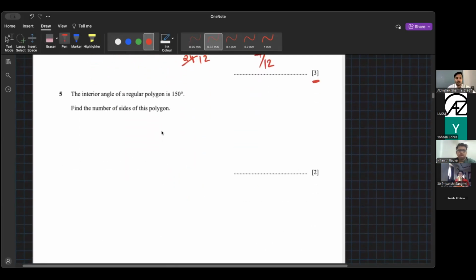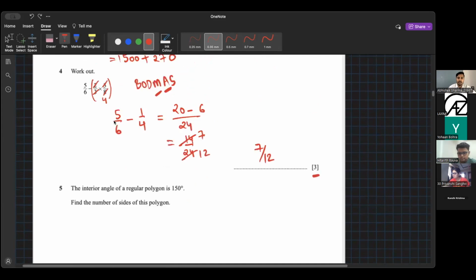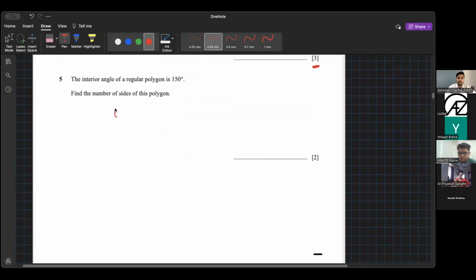Moving on to question number 5. It says the interior angle of a regular polygon is 150 degrees. Find the number of sides of the polygon.